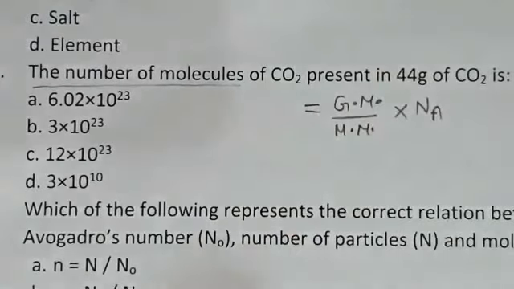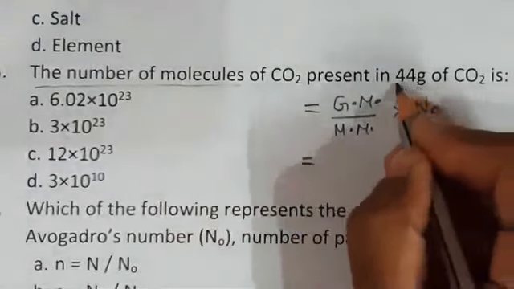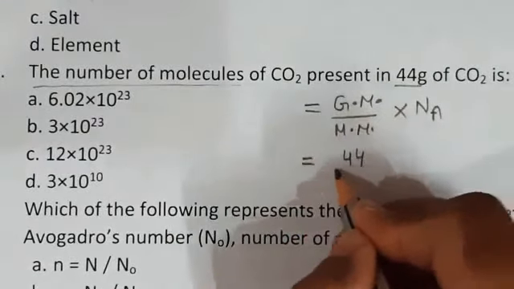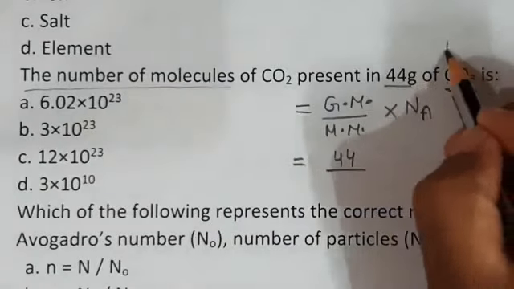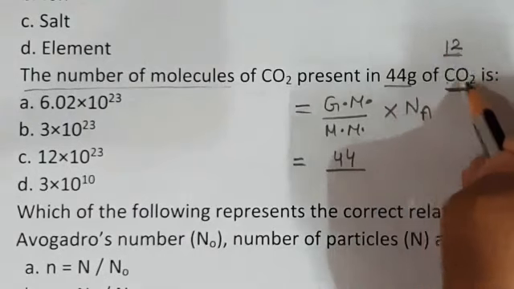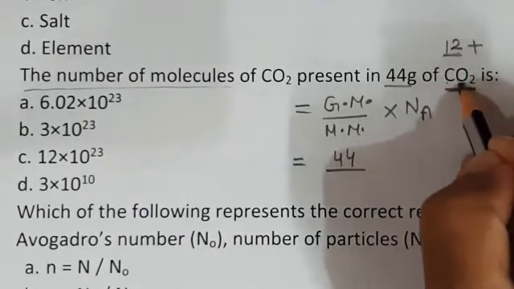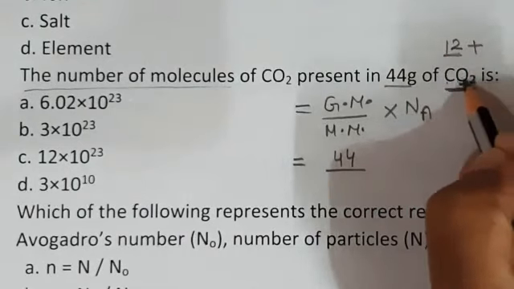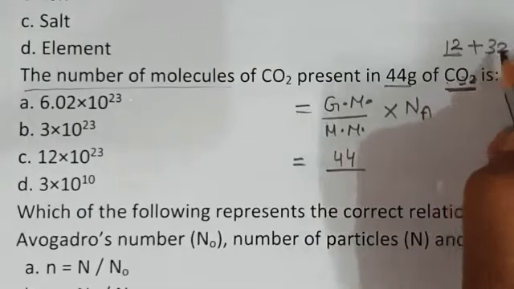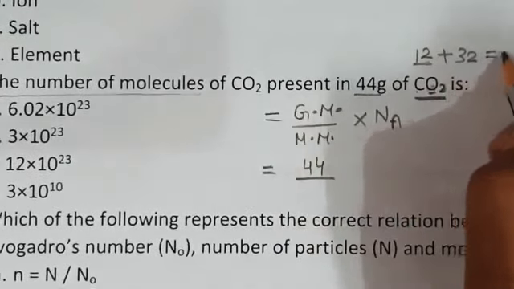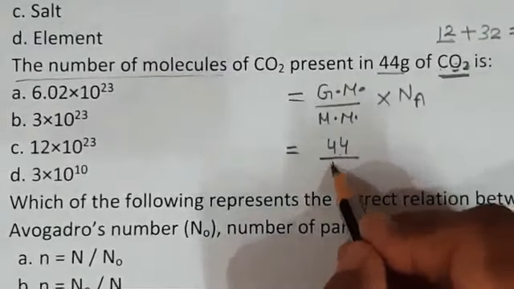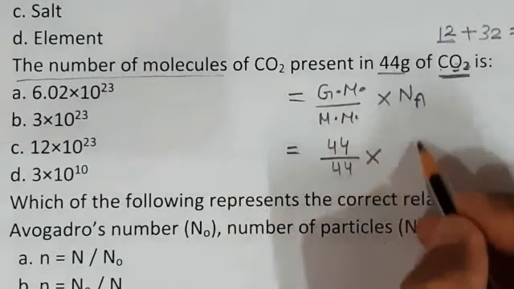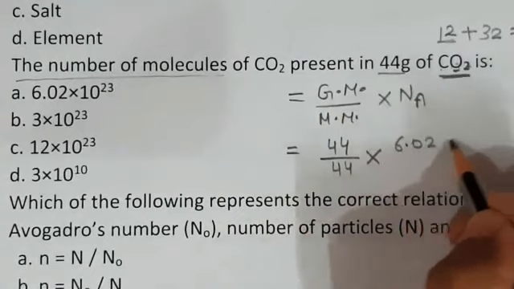What is the formula for calculating number of molecules? It is given mass divided by molar mass into Avogadro's number. Okay, given mass is given in the question, 44. What is the molar mass of CO2? Calculate. For carbon it is 12 plus oxygen it is 16. 2 oxygen atoms, so 2 into 16, 32.